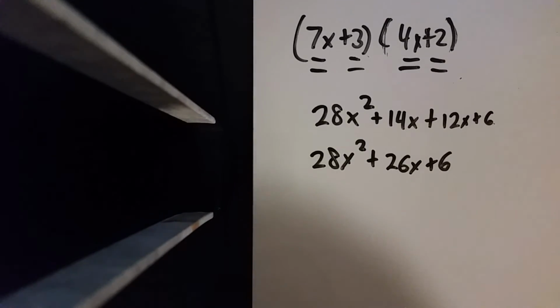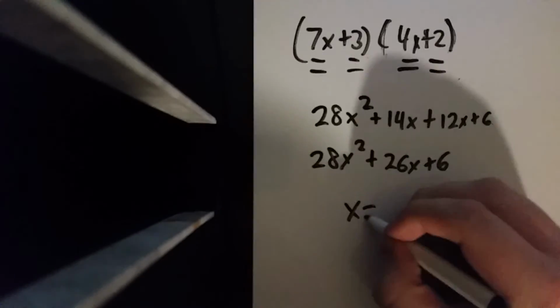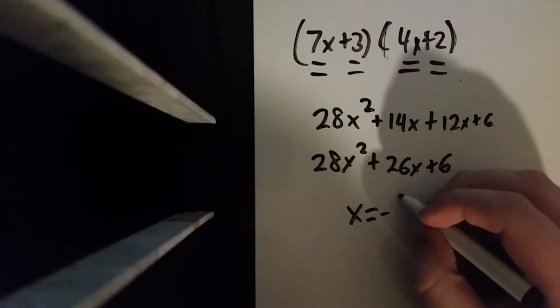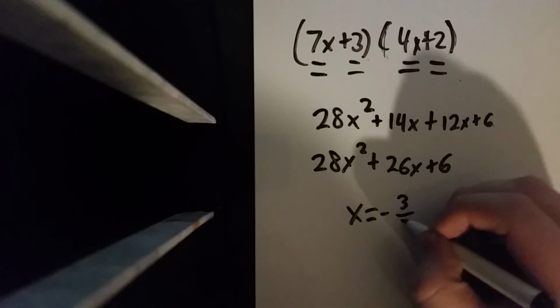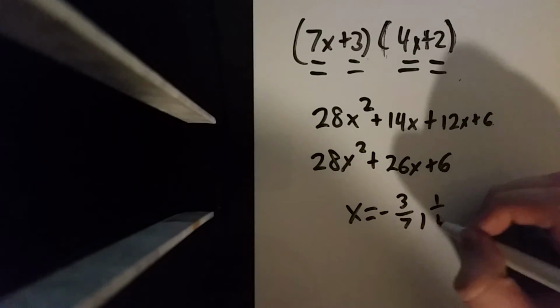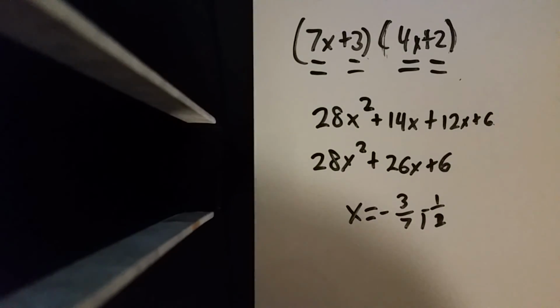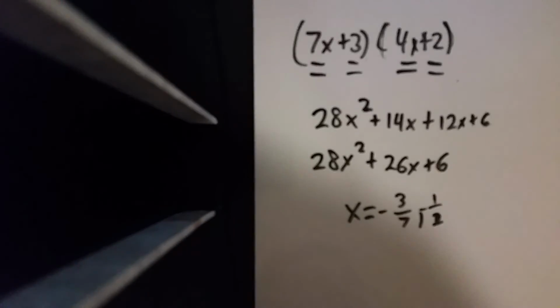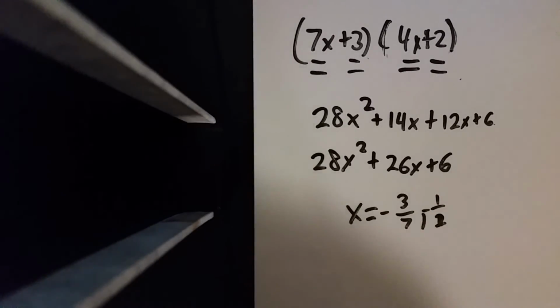Instead, you're supposed to use it to find your zeros, and your zeros are x equals negative 3/7 and negative 1/2. And so that is what the quadratic formula is meant to be used for. It can be used for factoring, however, just a little bit unconventionally.